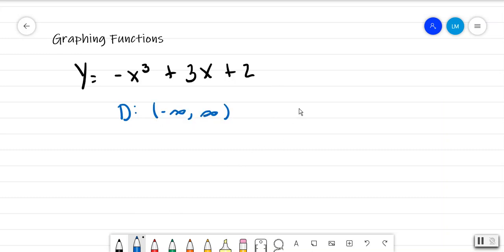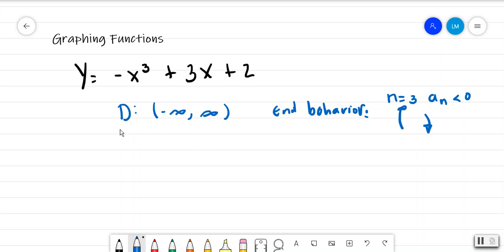Furthermore, I look at the end behavior and I can tell that n is odd, so n is 3, and the leading coefficient is less than 0. So that implies that the end behavior looks like this.